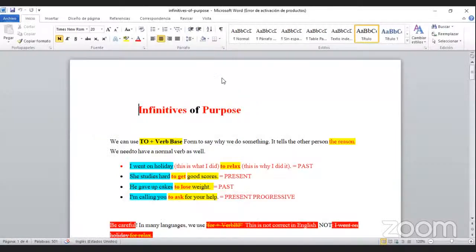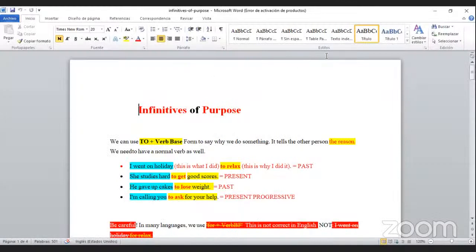I will show you this document. Okay, so we will see these infinitives of purpose.